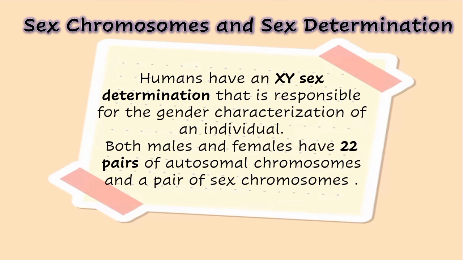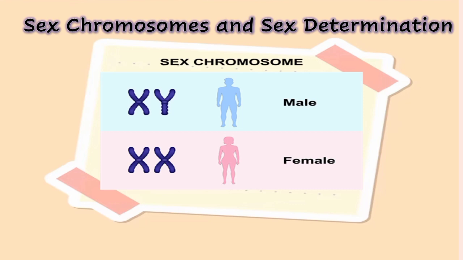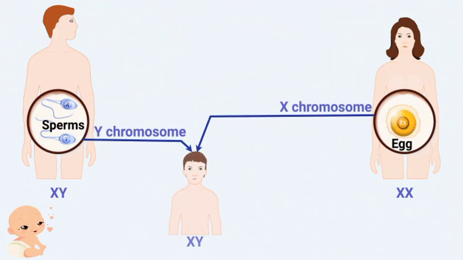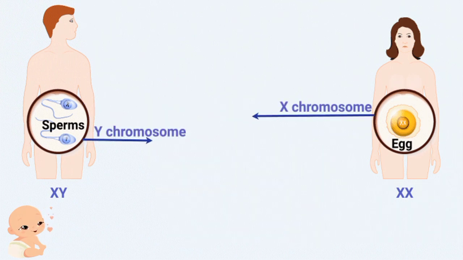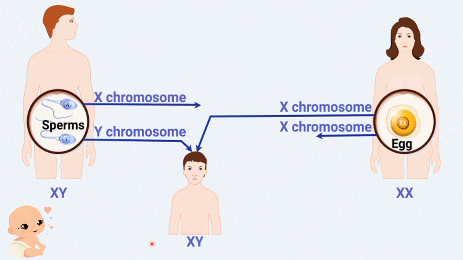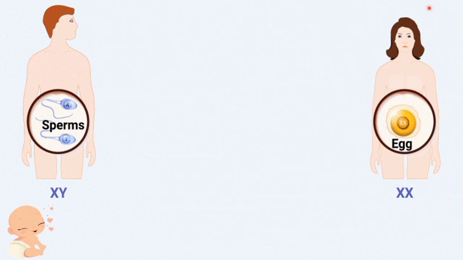Males have XY chromosomes, or non-identical sex chromosomes, and females have XX chromosomes, or identical sex chromosomes. When an egg is fertilized by a sperm carrying a Y chromosome, a male offspring will be produced. Similarly, a female offspring will result from an egg fertilized by a sperm carrying an X chromosome.